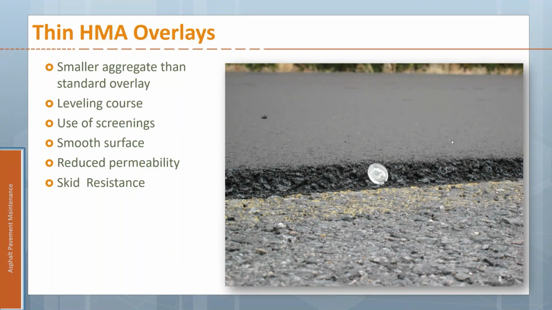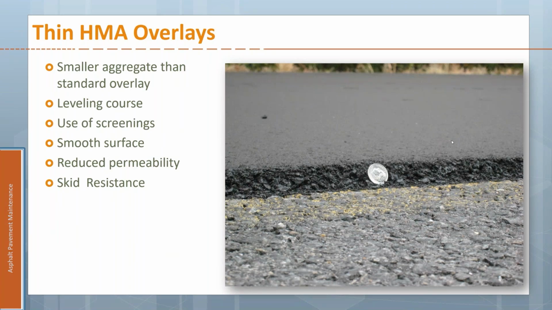So quarries that were crushing different types of aggregates to go in those asphalt mixes were using less of the screenings, those smaller size particles. And so they had a whole lot extra and they were looking for a way to get rid of them. Well, this is a great way to use some of those. So using those screenings and being able to incorporate those into an actual mix design, that's great.